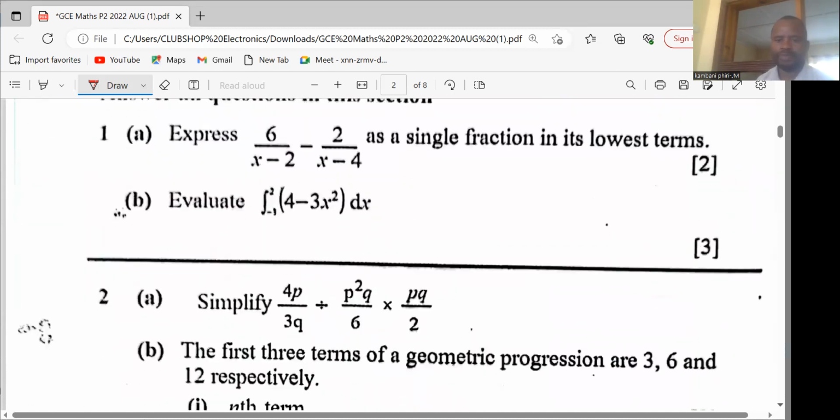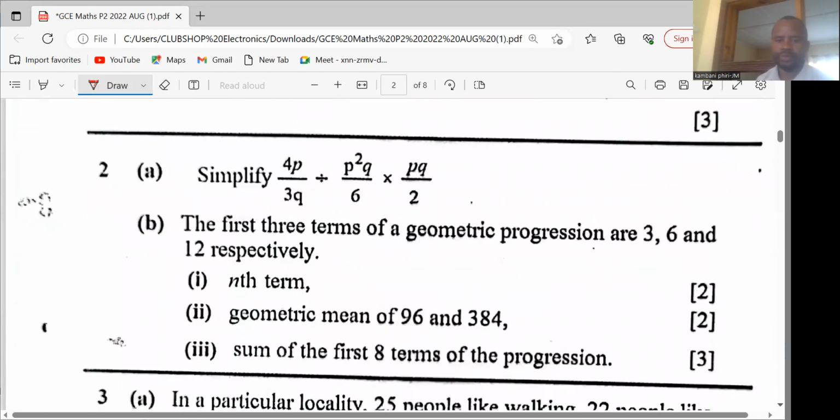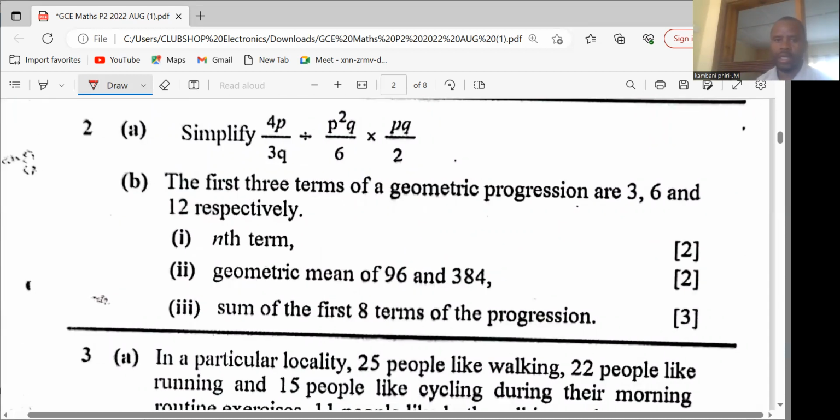Okay, so we can look at B, because I know GP does give a lot of people problems.